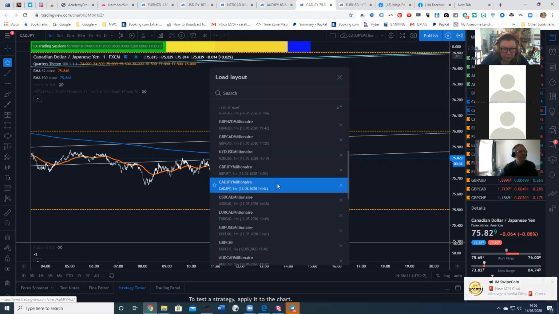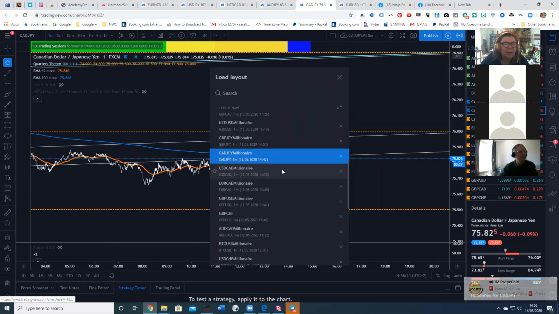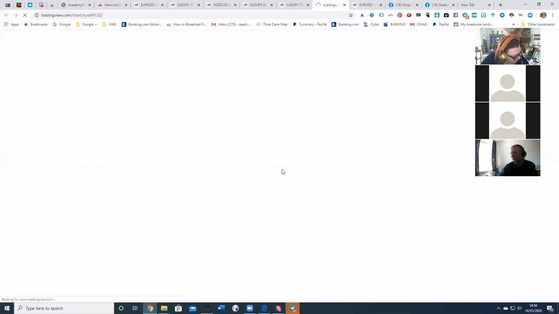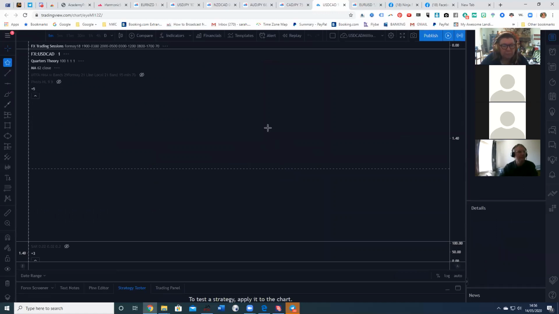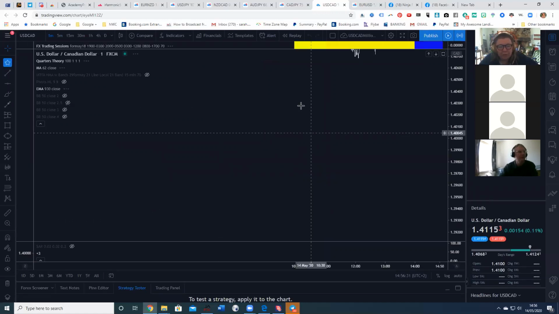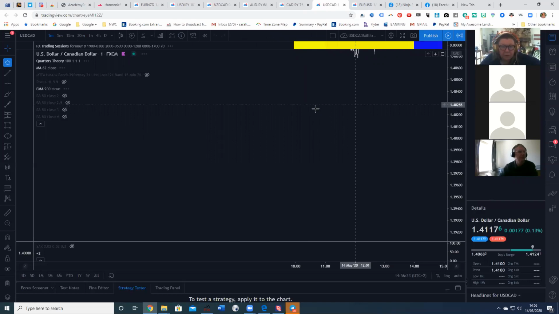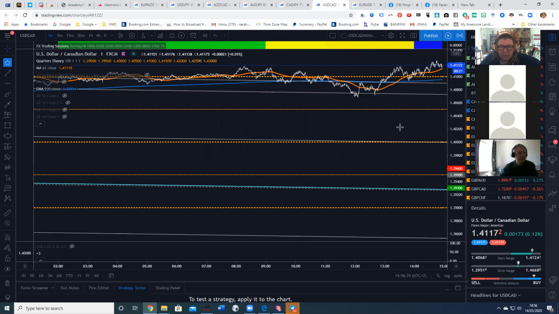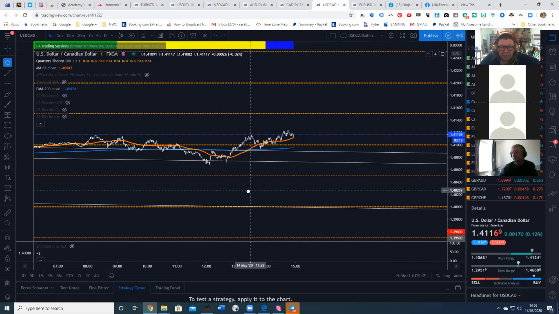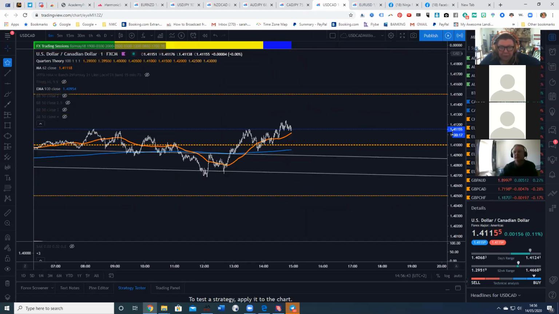And we'll do the last one, USD CAD. As we're in New York session, it would be the obvious one to look at. On the 1 minute chart, because that's where I do my entries. The analysis has already been done, and that has come out of a scan.